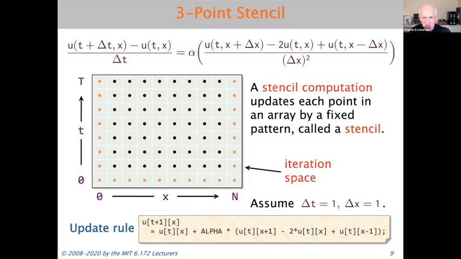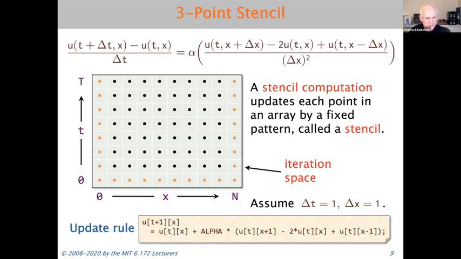Notice that the right-hand side of the assignment that I've made here has 3 values that depend entirely on time t. So that means we can compute the left-hand side, which is a point in the heat state at time t plus 1, because all the stuff on the right-hand side is stuff that we already know, and it tells us what we have at the next step.